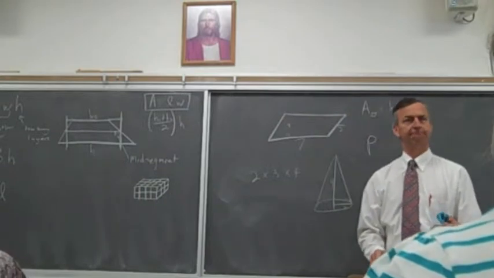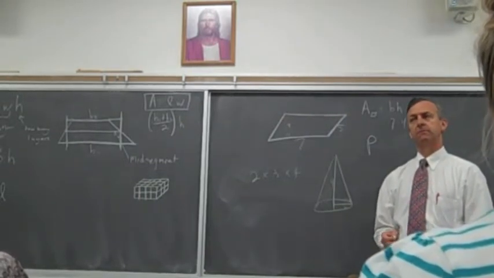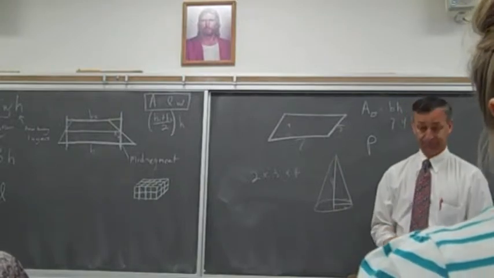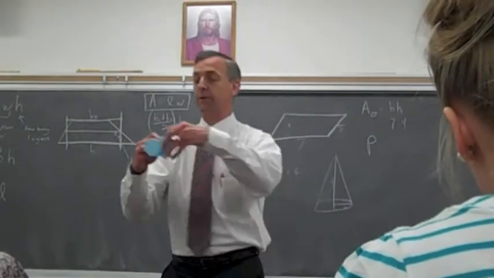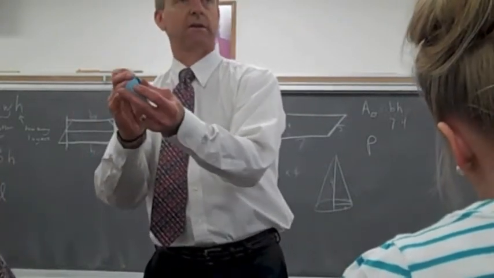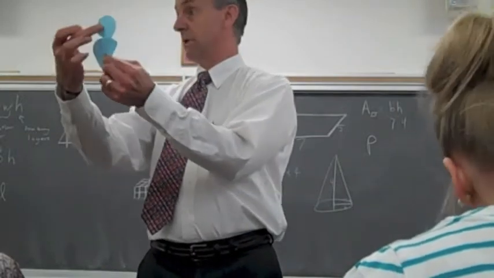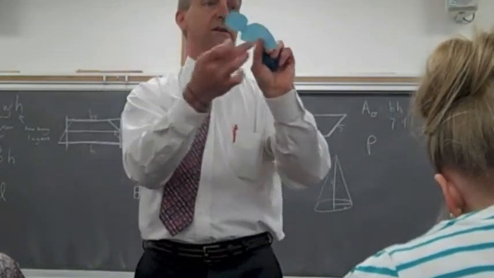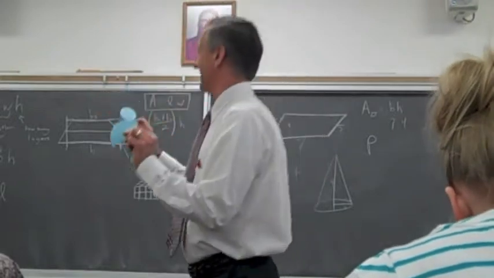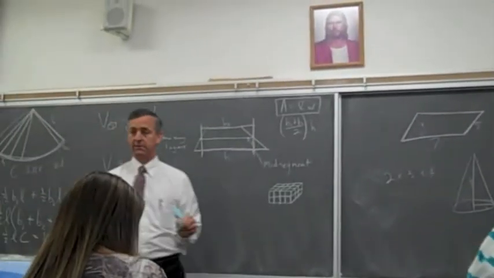Total surface area, here we go. You'd make a net, right? What have we got? A circle and the lateral surface area here, which we now have.